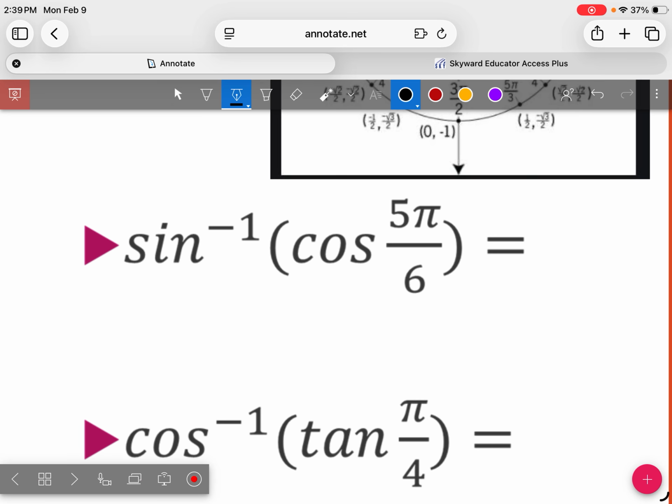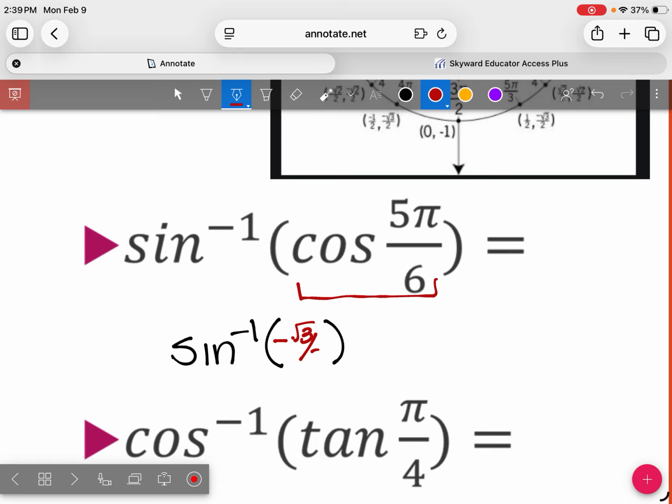Okay, looking here, take a moment. Feel free to pause the video. Figure out the cosine of 5 pi over 6. Cosine is x. So the cosine of 5 pi over 6 is negative root 3 over 2.